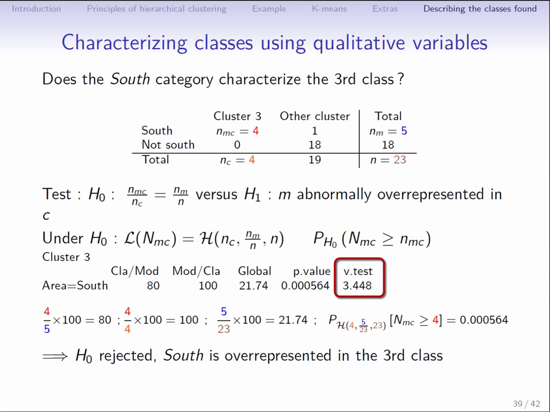Furthermore, if the sign is negative, the category is underrepresented, and if it's positive, the category is overrepresented. Here, for example, the South category is overrepresented in the third class. And again, like for quantitative variables, all of the categories of qualitative variables used to characterize the classes can be sorted with respect to increasing p-value.